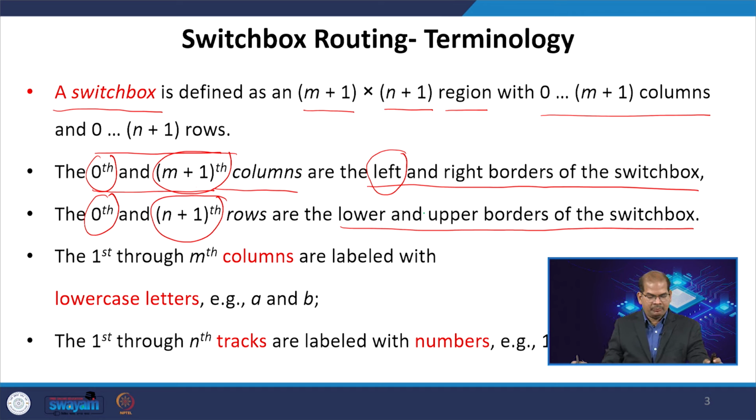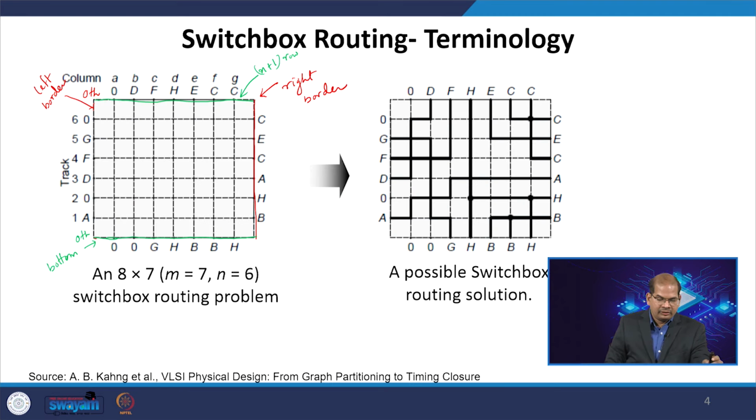Now we have the first to mth columns, which are labeled with lower case letters A, B and like that. We have discussed the 0th column and the m plus 1 column already. The other columns are denoted by letters: this is the first column, this is the second column.